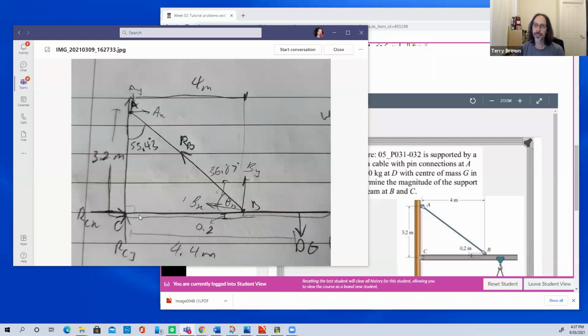You've got 0.2 down here, but point C is actually being shown above this 0.2. And you've got the dimension here, I'm not sure where this 3.2 is going to. So just take that little bit of time to make it neat and to make it useful.